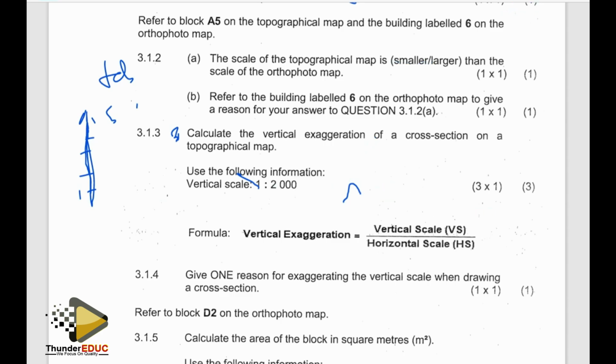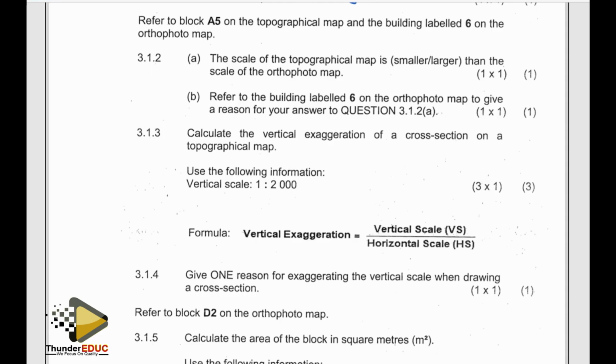So if we're calculating vertical exaggeration for this particular section here, what are we going to do? The vertical scale given is 1:2000, and this extract is from a topographical map. We do not change the horizontal scale of the cross section.